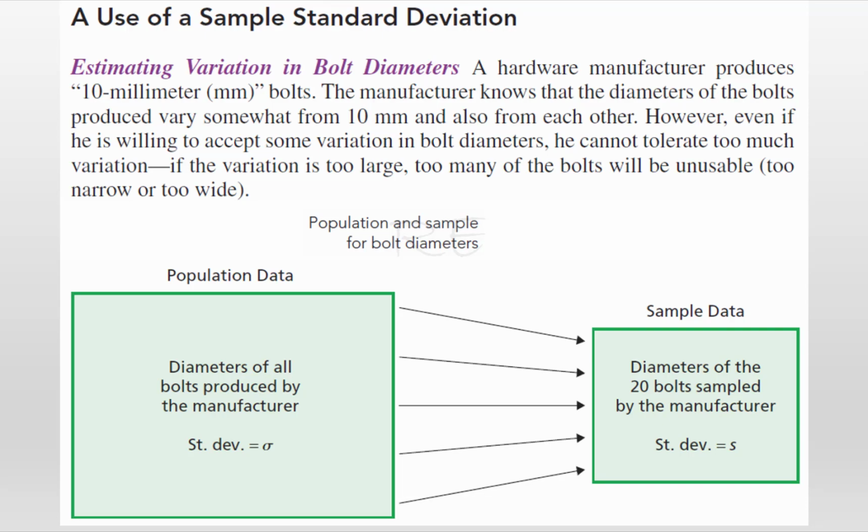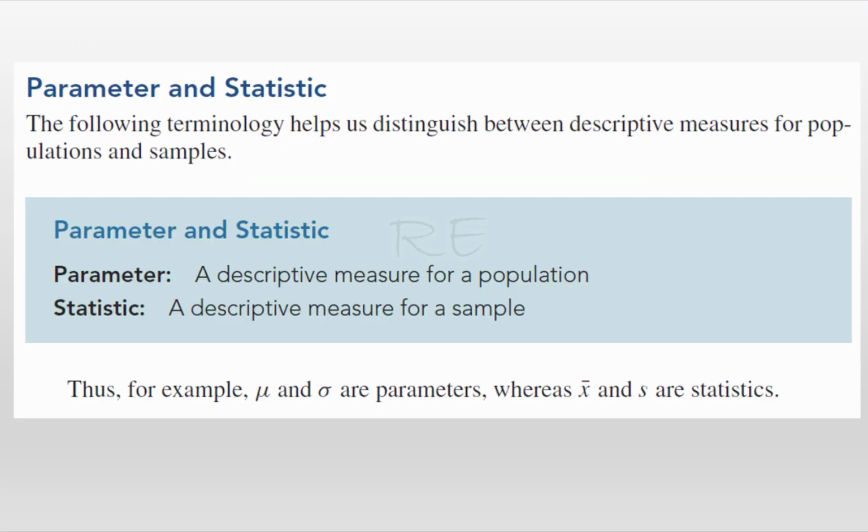Therefore, you use a sample to project what the mean and the standard deviation of the entire population are. The mean and the standard deviation of the population are called parameters, for example mu and sigma. And the mean and the standard deviation of the sample are called statistics, x bar and capital S.